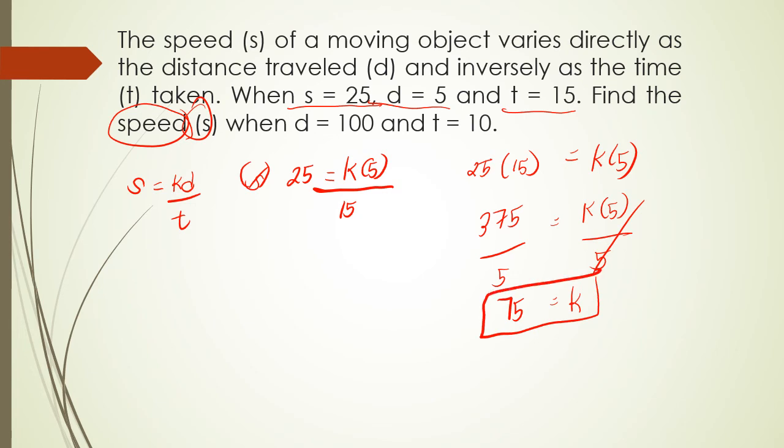So, naintindihan po? Meron na tayong constant of variation. Ngayon, anong hinahanap? Speed. So, substitute mo na. S is equal to 75, ang constant of variation, times the distance, when the distance is 100, and the time is, so sa babaan, time, 10. Okay. So, mumultiply natin.